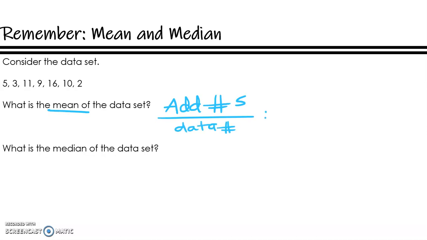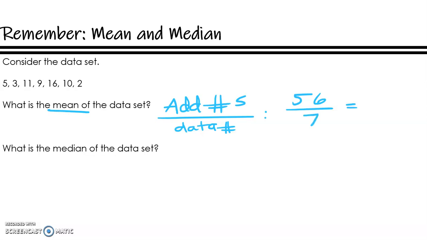So I'm going to add on the side over here 5 plus 3 plus 11 plus 9 plus 16 plus 10 plus 2. And I get a total of 56. And I added 1, 2, 3, 4, 5, 6, 7 numbers.